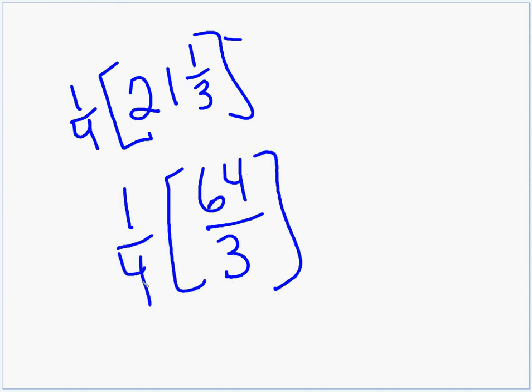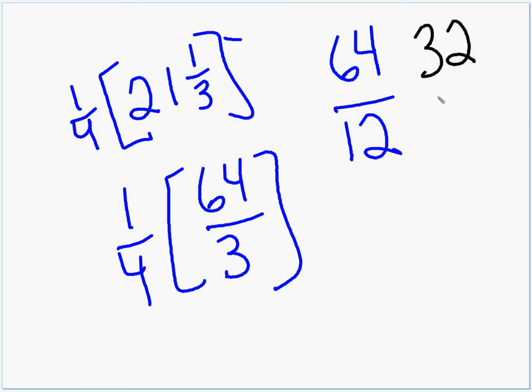Now to reduce that down, the first thing I notice is that they're even numbers, so I would just mentally cut them in half. Half the numerator is 32, half the denominator would be 6. They're both even again, so let's chop them in half again. Half of the 32 is 16, half of the denominator is 3. Hallelujah, that is the exact answer I got in years past when I did a different method.